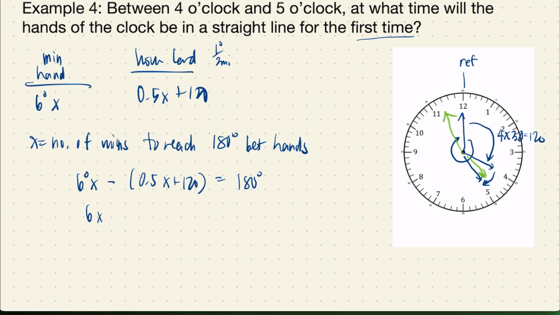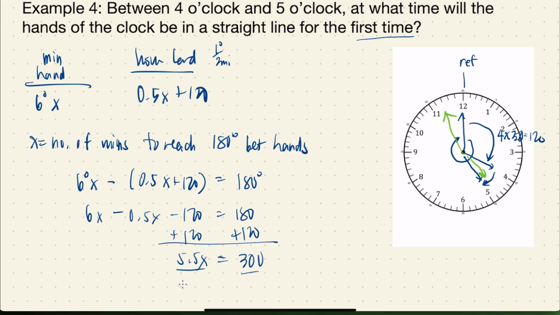6x minus 0.5x minus 120 is equal to 180. So, we add 120 on both sides. So, this will be 300, and then here, it will be 5.5x. So, your x would be 300 over 5.5 or 600 over 11.